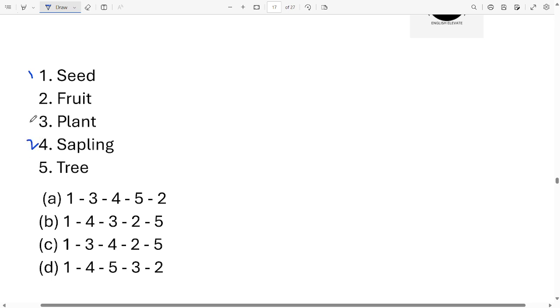After sapling it will be plant. After plant it will be tree, and then fruit. So the combination is 1, 4, 3.